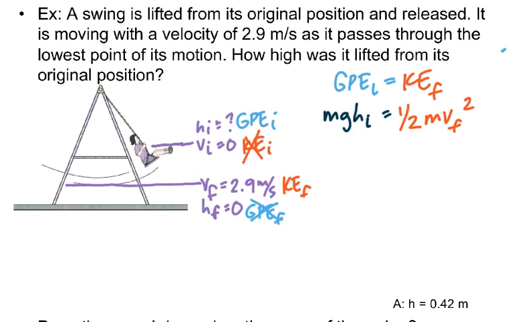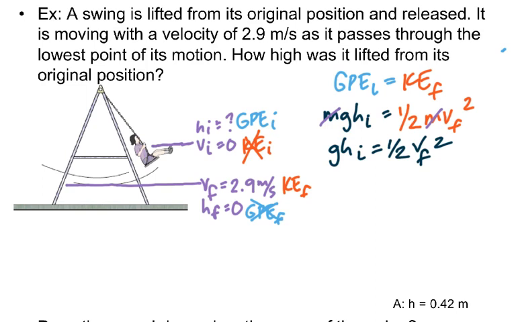They didn't give us the mass. However, we actually can cancel it out because it would be the same thing on both sides. It would divide itself out anyway. So we have an even simpler equation here. We just have g times hi equals 1/2 times vf squared. Make sure that when you cancel the mass, you're only canceling that and nothing else.